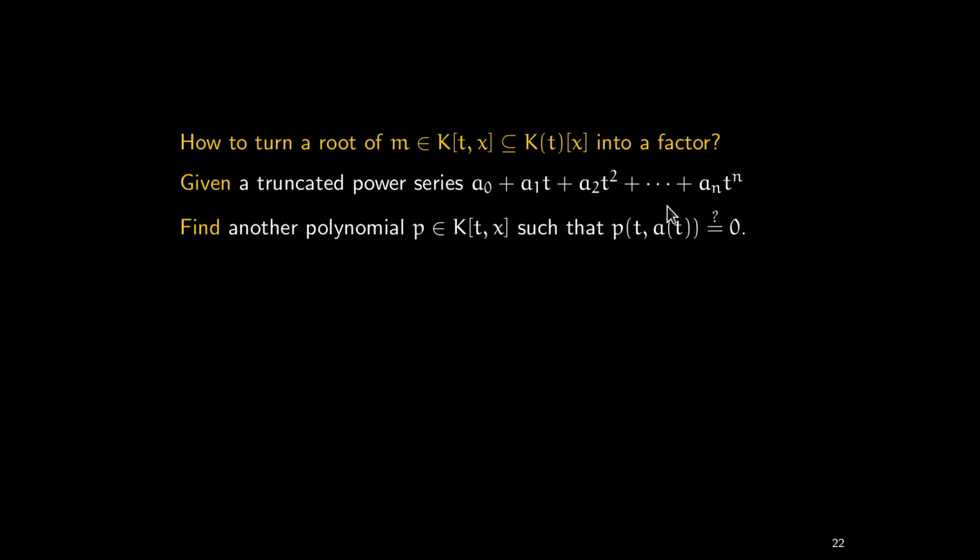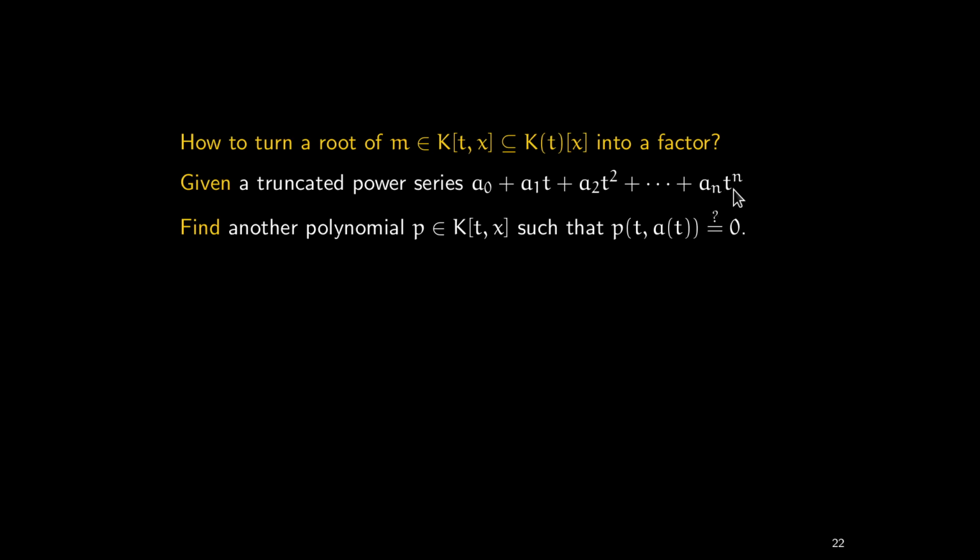So I don't want to have a polynomial p that has exactly this one as a root. That would be easy. I would just take x minus this polynomial. It would have this root, but it would have coefficients that have high degree in t. What I want rather is something that has low degree in t compared to n.